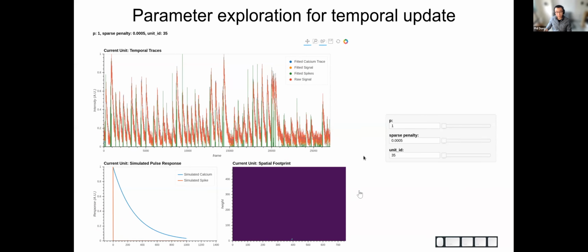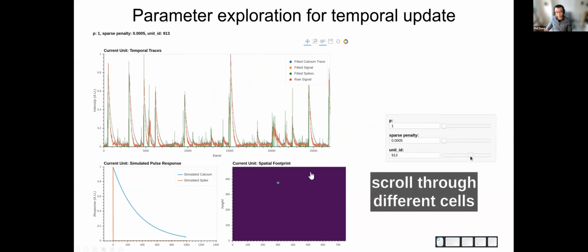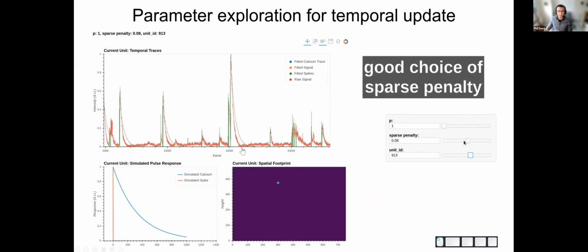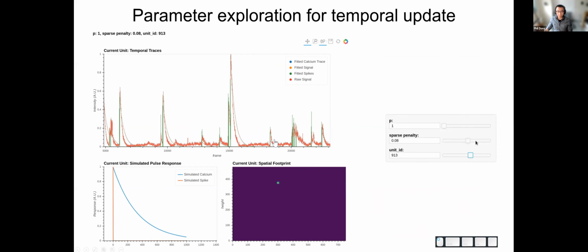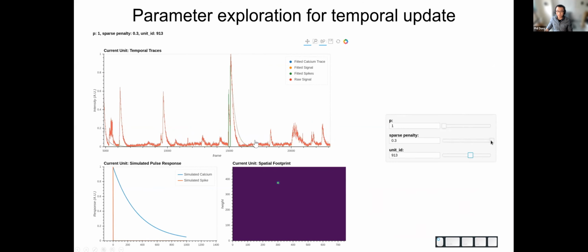So you can see that, first of all, you can scroll through different cells to get a feeling of what's going on in general. But you can see that when the sparse penalty is too low, you have a lot of these noisy spikes. But when you start to increase that, the model estimated spikes start to decrease and go away.